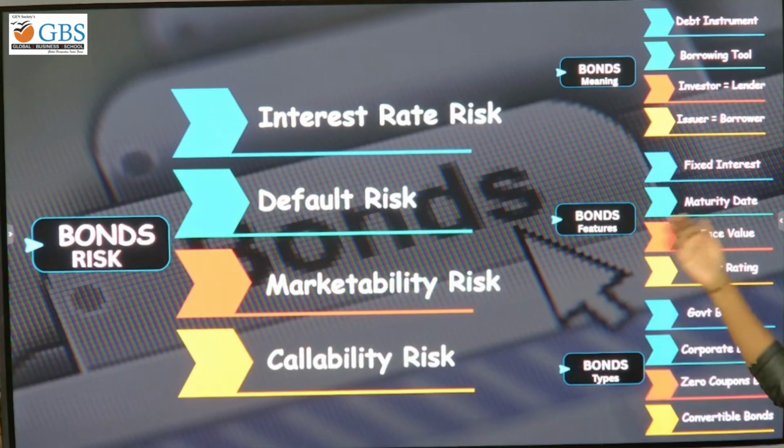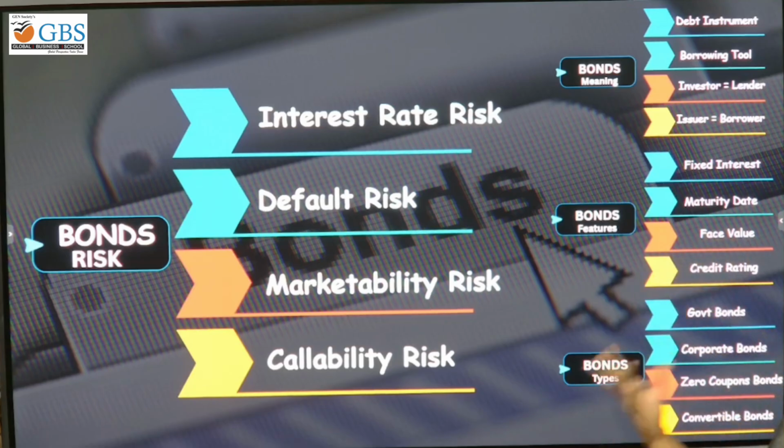Issuing bonds has some risks, like interest rate risk. When the government announces regulatory rates like the repo rate and reverse repo rate, this will impact the bond rate. Default risk is when a company may fail to pay the principal amount as well as the interest.